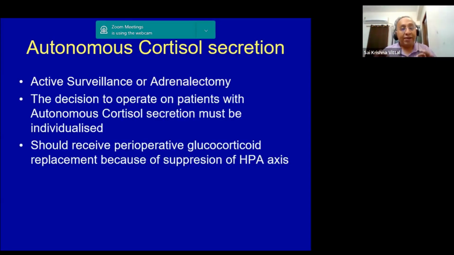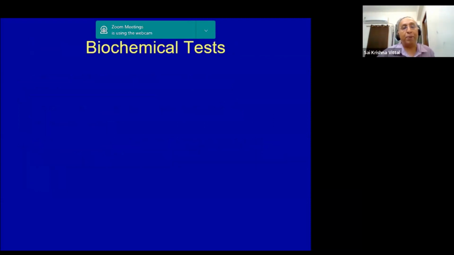Having said that, I think the decision to operate on patients with autonomous cortisol secretion must be individualized because there is still no robust evidence. Those who are having adrenalectomy should receive perioperative glucocorticoid replacement because of suppression of the hypothalamic pituitary adrenal axis. As I told you, the adrenal is suppressed.